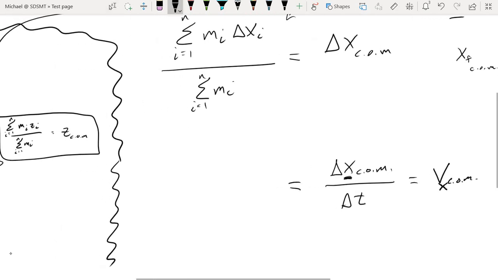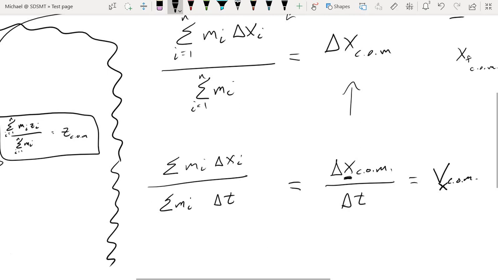Well, I have taken the delta x center of mass and I've divided it by time. First rule of algebra says what I do to one side I have to do to the other. So over here on this side, I have to take my expression for change in center of mass and I have to divide that by time. So I'll sneak in a delta t there.